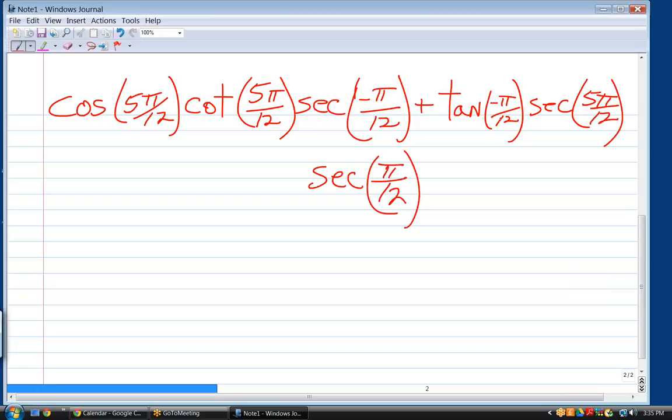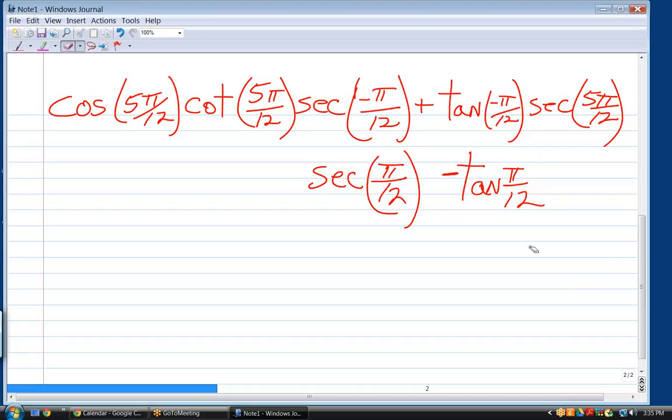And what about the tangent? Tangent is negative. So in other words, if I want to replace the tangent of minus pi over 12, I have to replace it with minus the tangent of pi over 12. Okay. And I really don't want parentheses around that, do I? Because that changes the meaning of it.